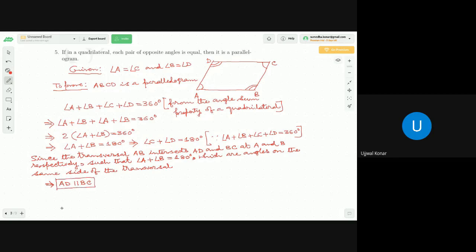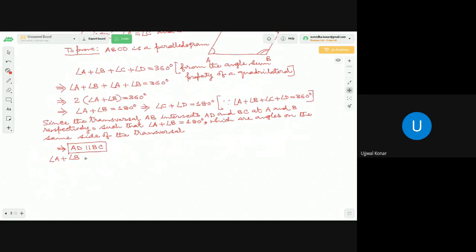It is given, and according to the information, we know that angle A is equal to angle C. So from here we can write that angle C plus angle B is equal to 180 degrees, since angle A is equal to angle C.